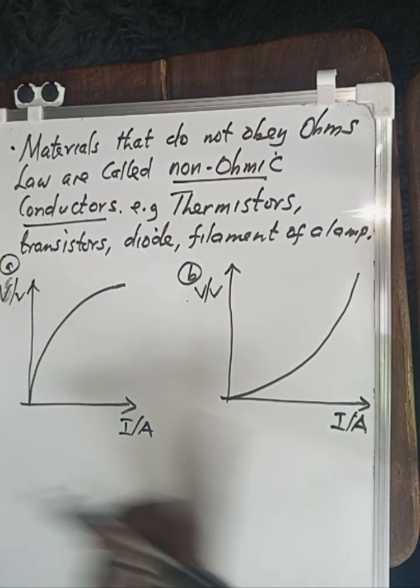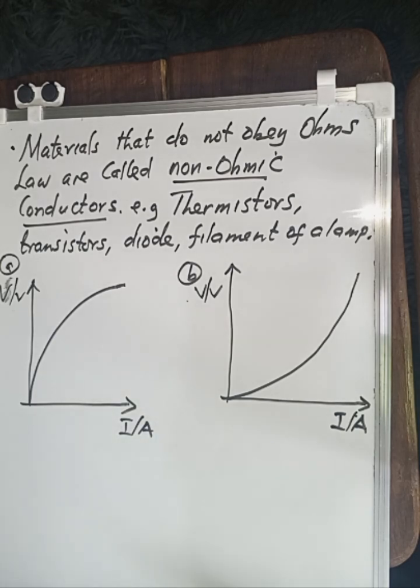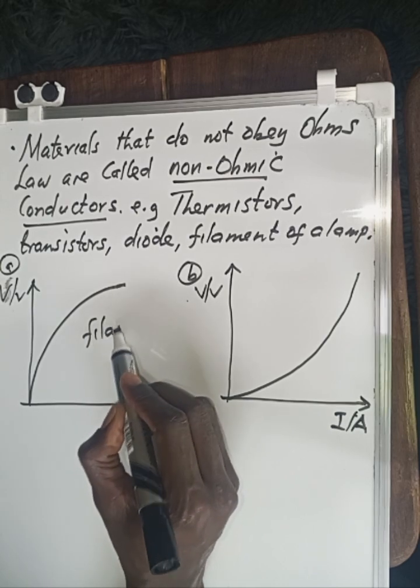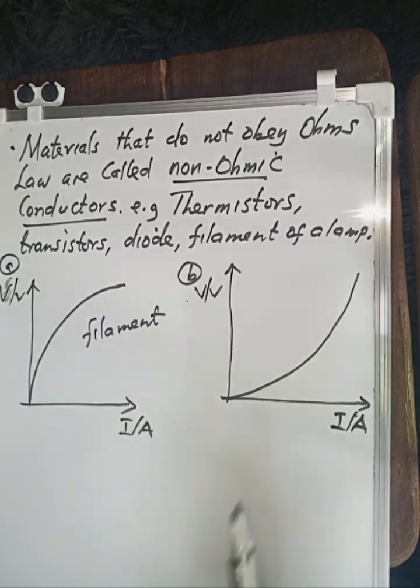Whenever you see such graphs, they indicate non-ohmic conductors, materials that do not obey Ohm's law. This is what you may have when it comes to a filament, and you may produce such graphs when dealing with thermistors and diodes.